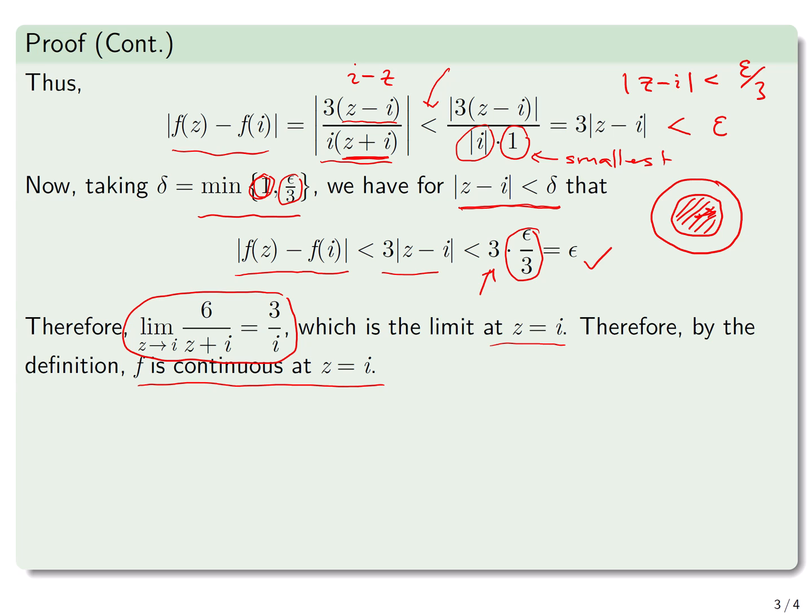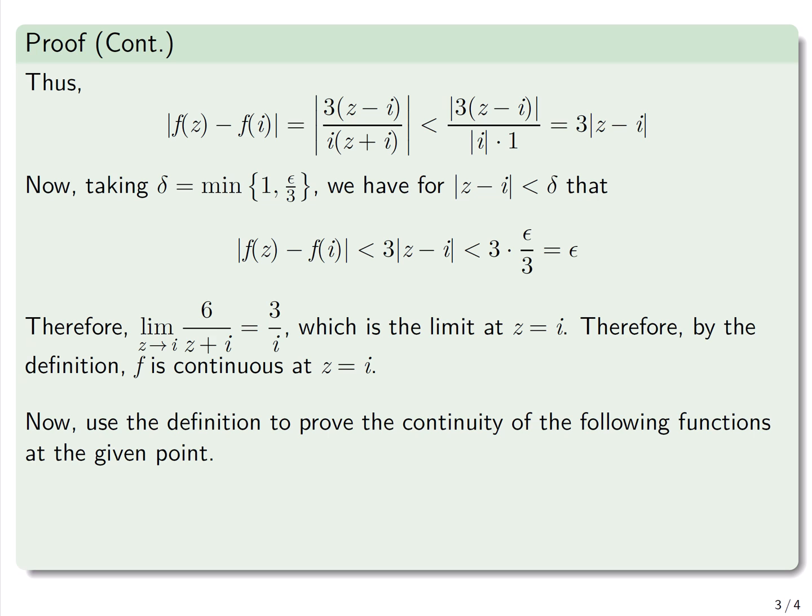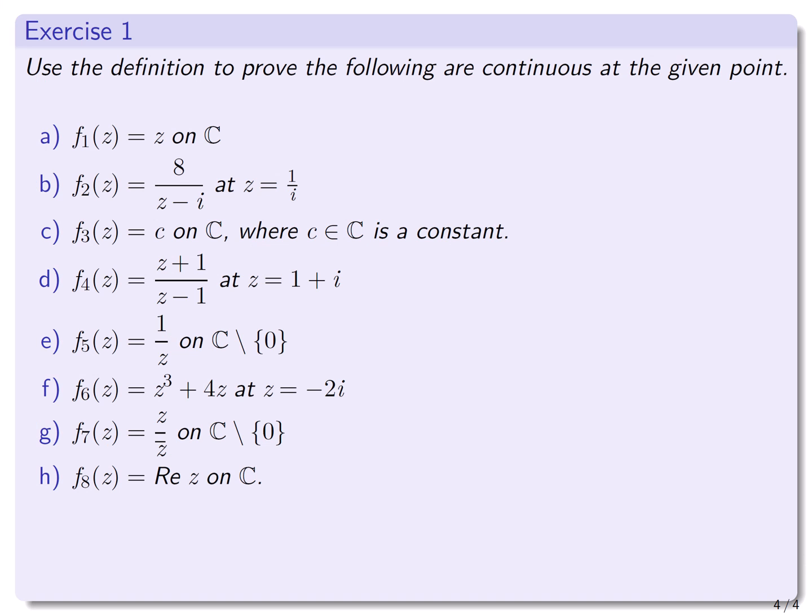So now you can do a few practice problems. Use the definition to practice these problems. There are a couple of different ones that you need to know at this level. You can try these. This problem is very similar to what you had earlier.